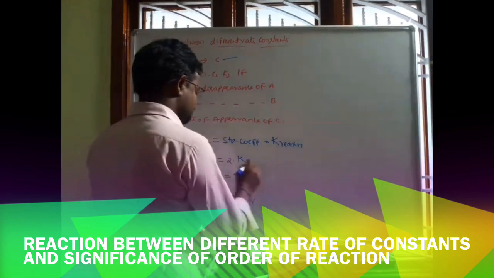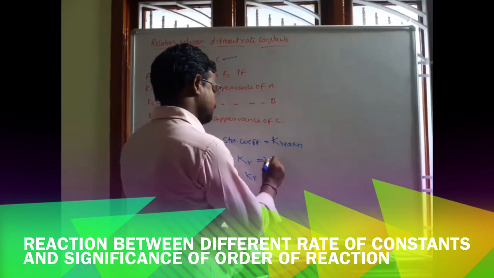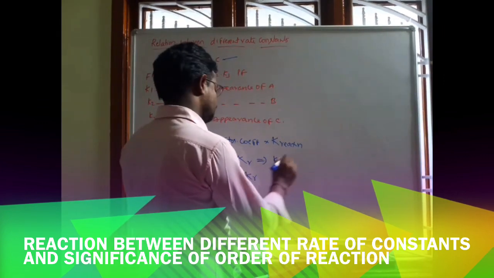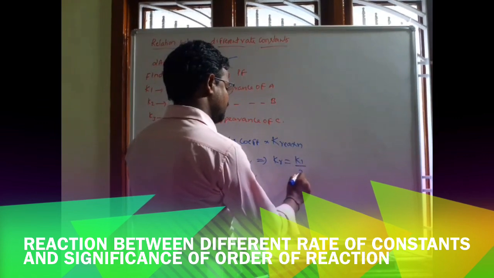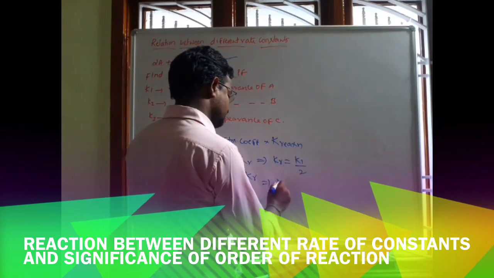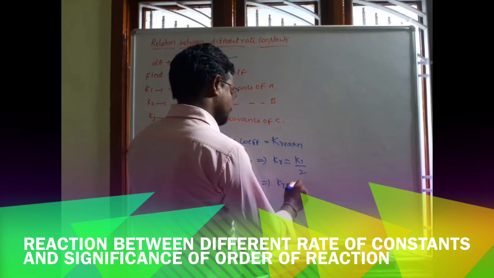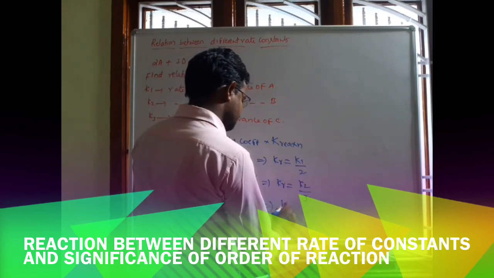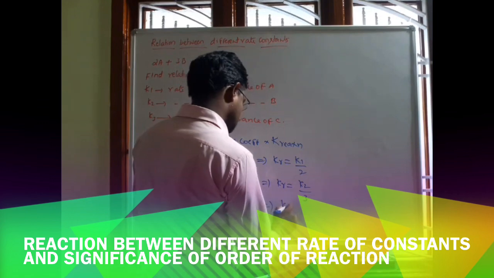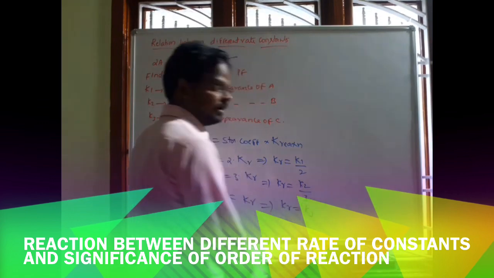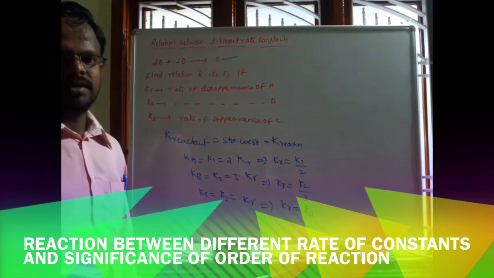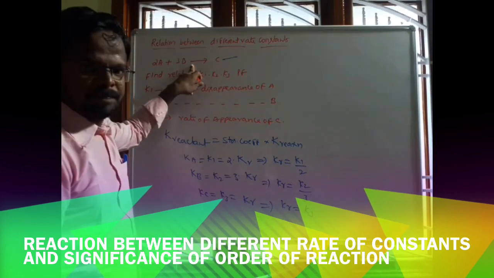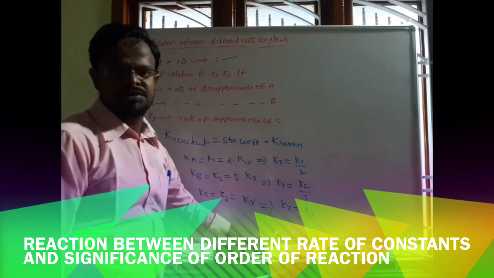Now these equations are written as Kr equal to K1 by 2, Kr equal to K2 by 3, and Kr equal to K3. Since the reaction is the same, the rate constant is also the same.